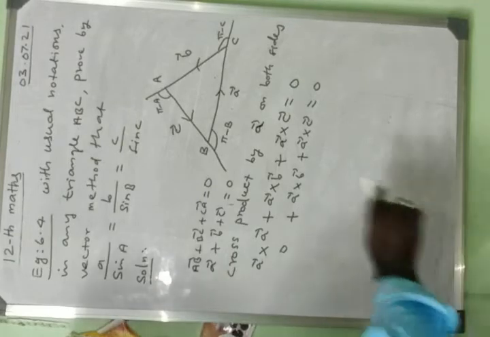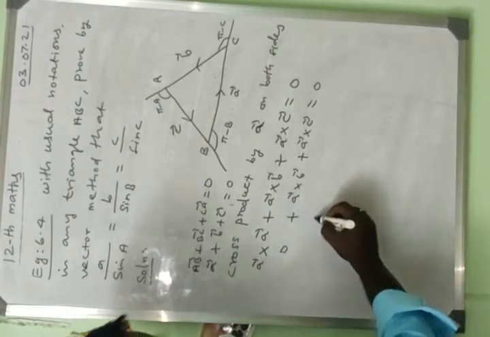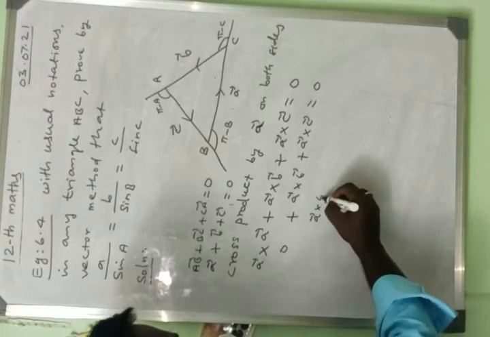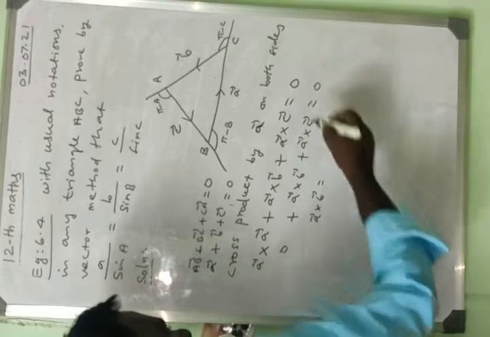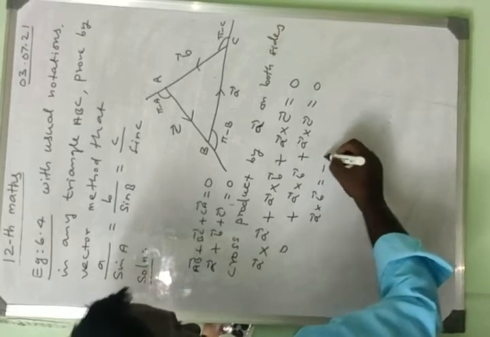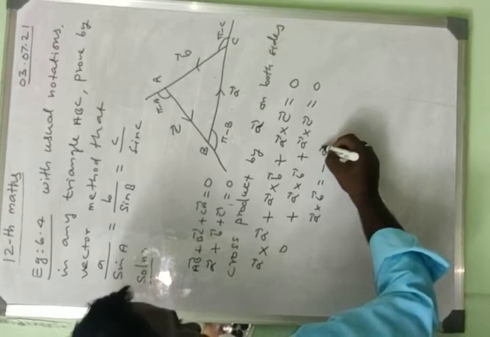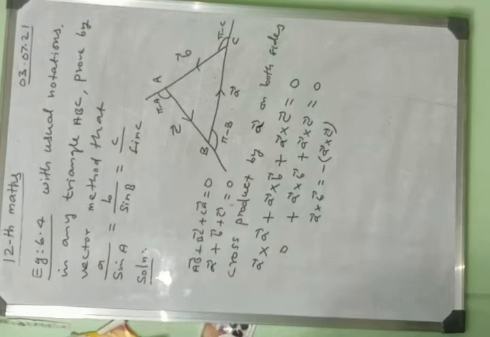Next, these terms have 0 value, so we eliminate them. Vector A cross vector B is equal to, the second term, vector A cross C, changed to the right side. A plus sign changes to minus, so we put minus vector A cross vector C in brackets on the right side.